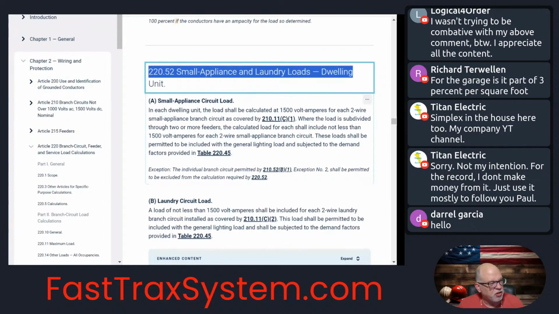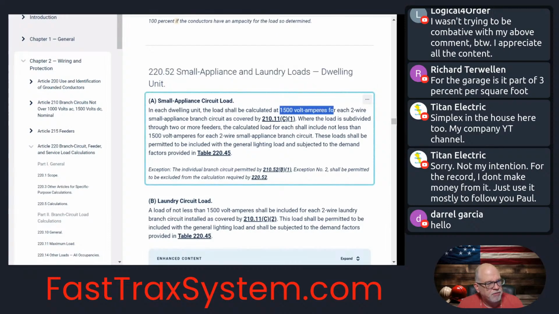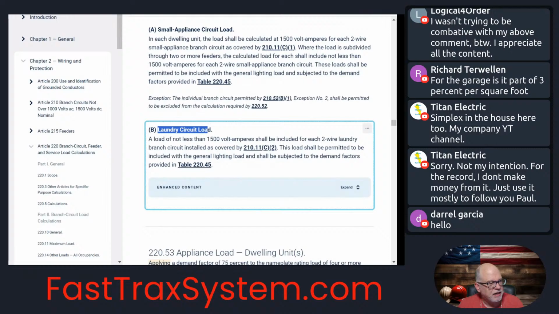And here's where it tells you that for each dwelling unit, the load shall be calculated at 1500 VA for each 2-wire small appliance branch circuit covered in 210.11(C)(1), and 210.11(C)(1) requires a minimum of 2. Of course, we got 4, but the minimum was 2, okay? And then, of course, down here is for the laundry. And again, 1500 VA for each 2-wire laundry circuit. The code in 210.11(C)(2) requires at least 1, but our dwelling that we're calculating has how many?